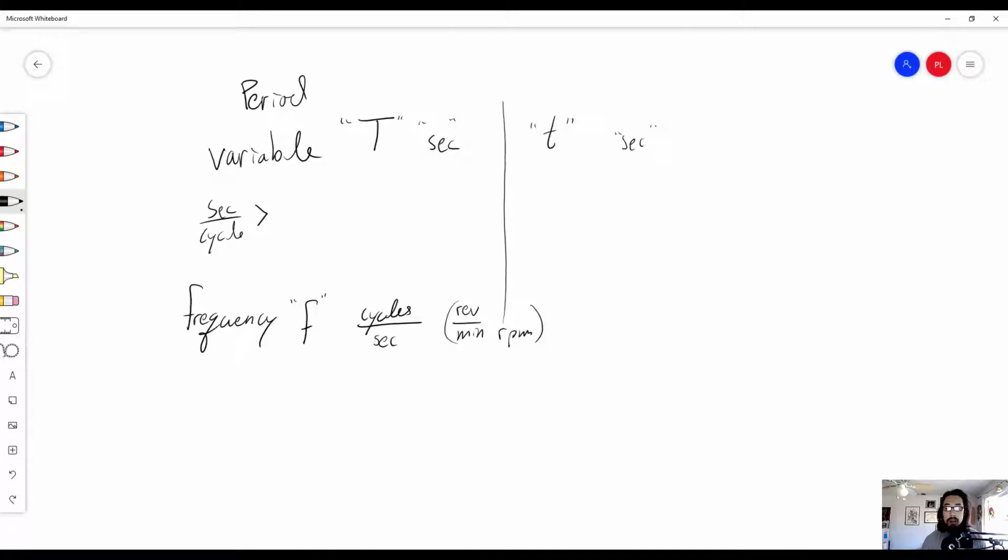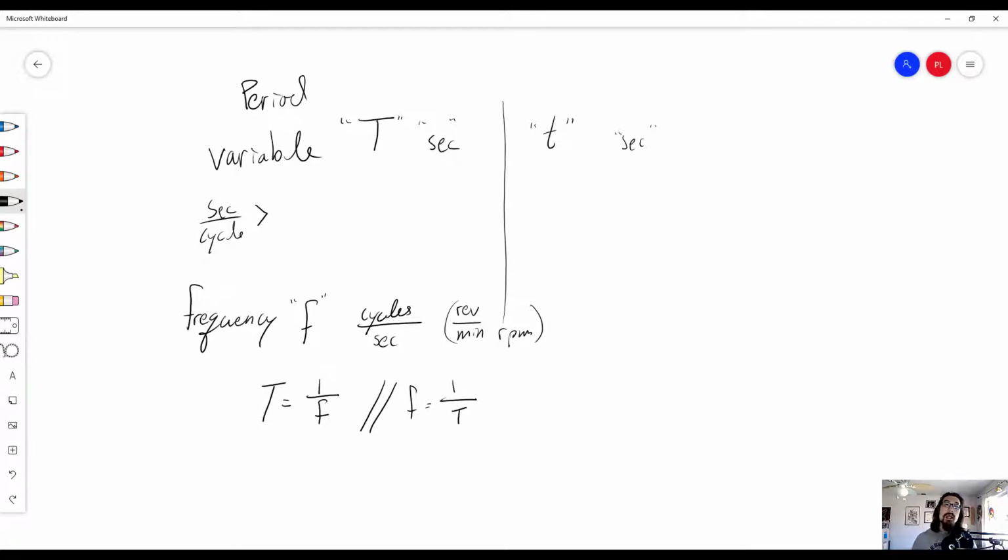Now, if you take a look at this, cycles per second is the units for frequency. It's actually the inverse of the units for period, and our equation follows suit. We can say that period is 1 over the frequency, because frequency tells us how frequent something is, and inversely, we can say that frequency is equal to 1 over the period.